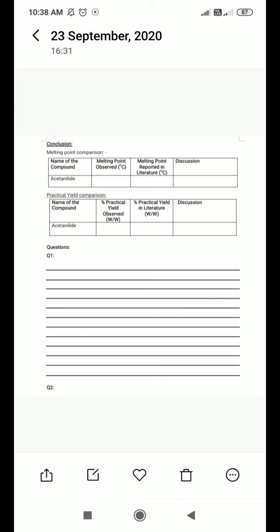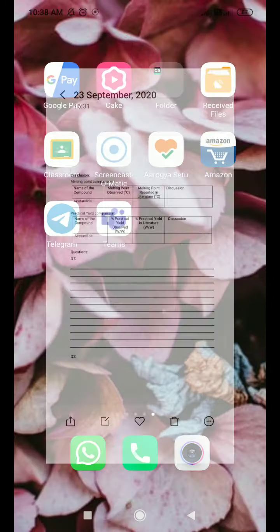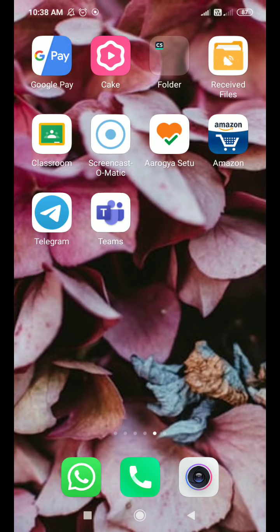Now you should understand the theory behind this practical. Why should we perform the different organic synthesis practicals? Okay, this is today's practical.